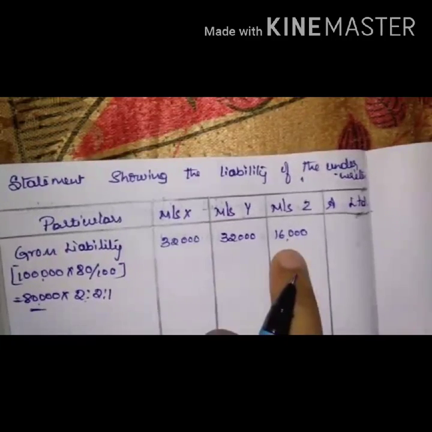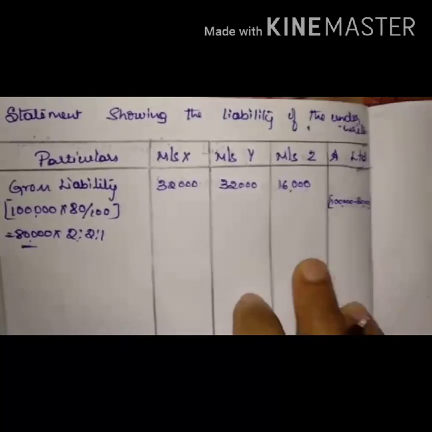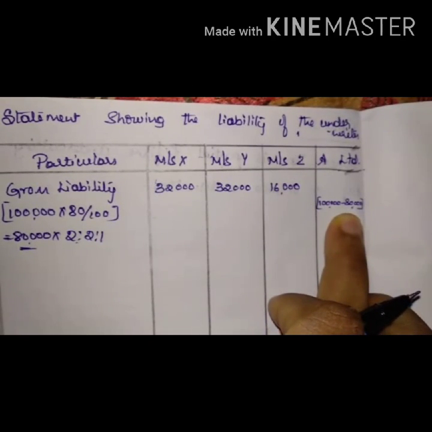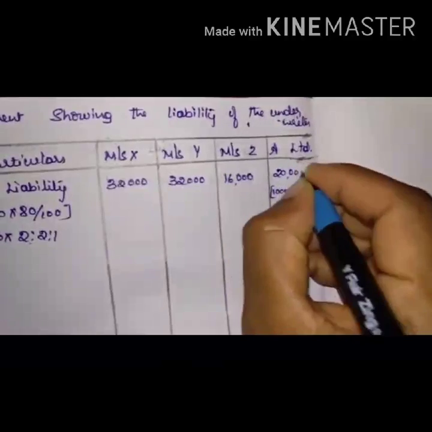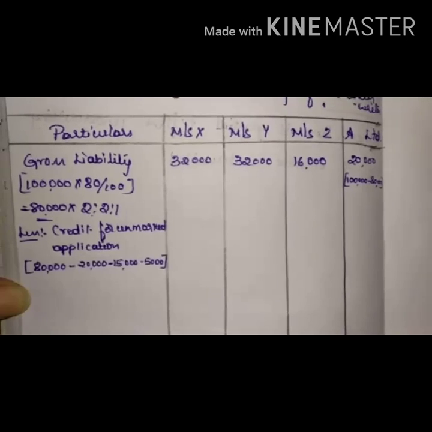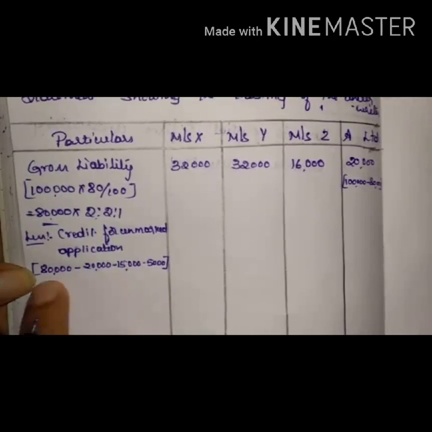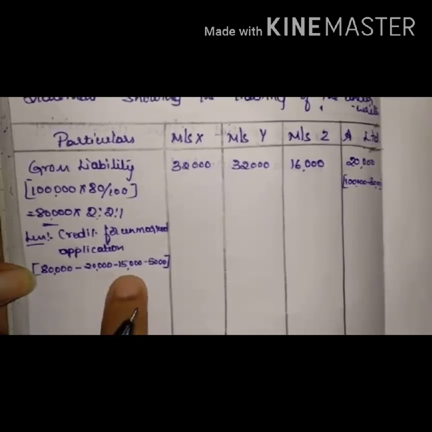Now we have to calculate the non-underwritten shares, that is 1 lakh total shares minus underwritten 80,000, then remaining shares, that is non-underwritten shares, 20,000. Less credit for unmarked application, that is total application received from the public minus marked application. Total application 80,000 and marked application of 3 underwriters 20,000, 15,000 and 5,000.